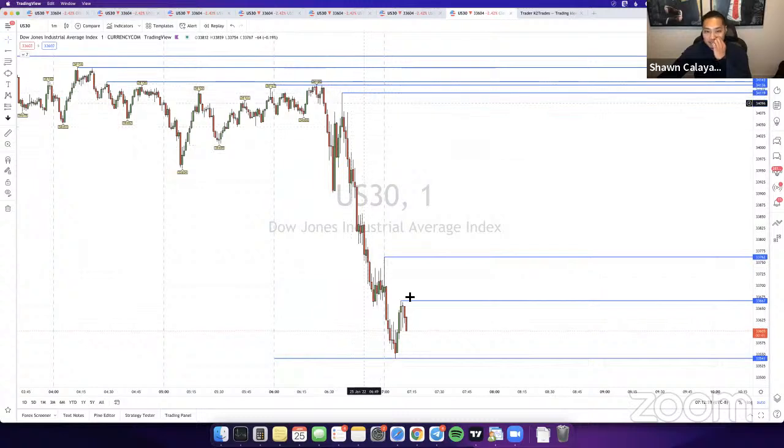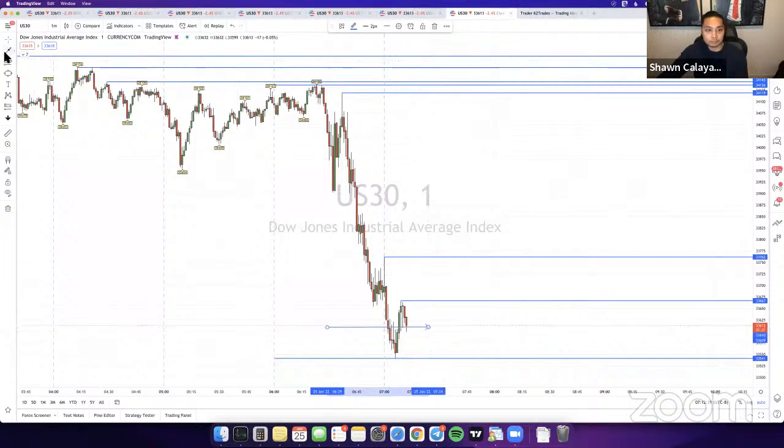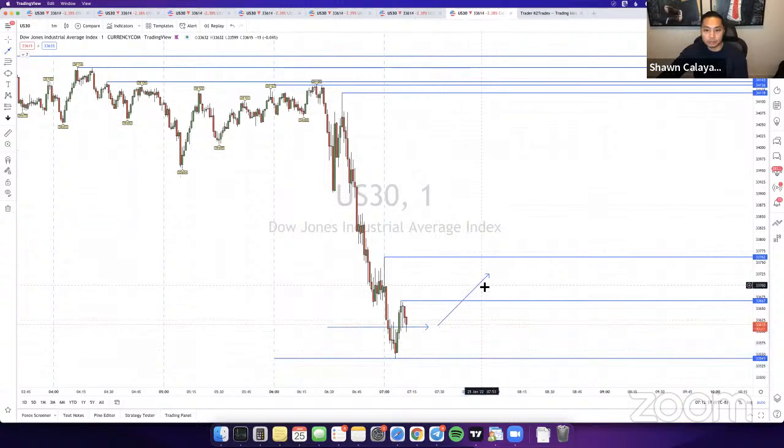This is the high, this is the low, this is the medium range, and now this is a smaller range within here. So price is now ranging and consolidating within the smaller consolidation zone. Sooner or later, price is going to break out to the upside, or it's going to break out to the downside. We'll be waiting for that when it finally appears.